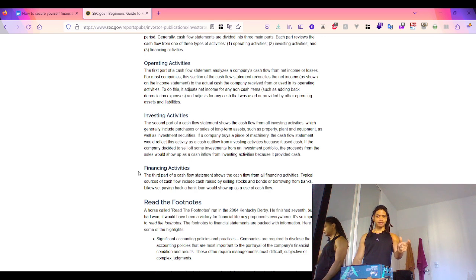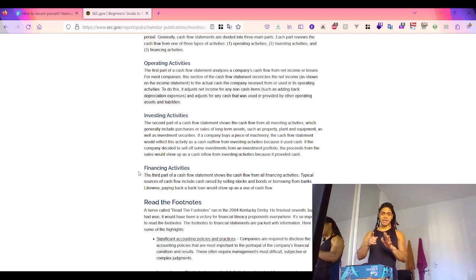The most common operating assets are intangible assets, accounts receivable, inventory, property, plant and equipment, prepaid expenses, investment in affiliates, cash and cash equivalents, whether it's money market funds, for example.